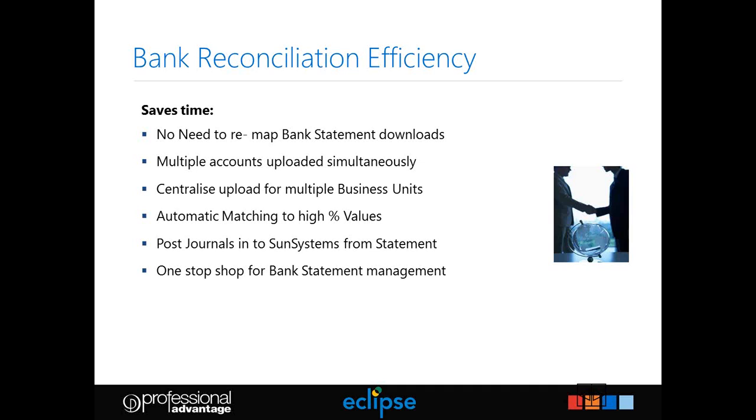The system does provide very high percentages of automatic matching based on the flexibility of the matching rules that we can provide, and that uses wildcards to enable us to identify transactions in the statement that maybe have some form of commonality in the referencing or the descriptions or the types, etc., and then go and run a matching routine against the ledger transactions that may or may not match that, and indeed use things such as character stringing, where we can say that the first two characters in one side matches the second two characters in the other side, that sort of thing.